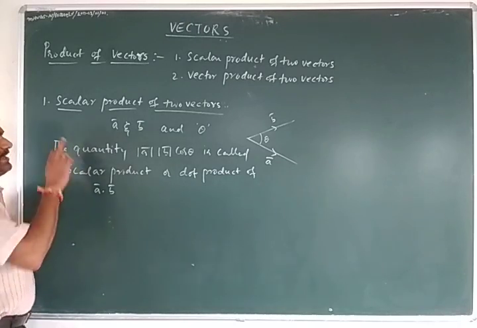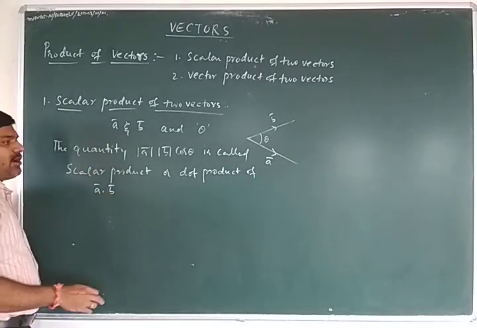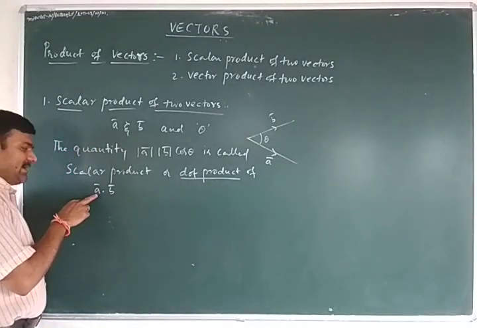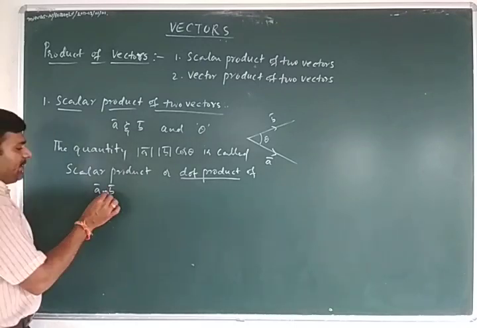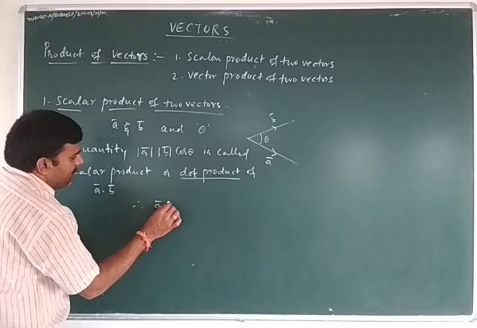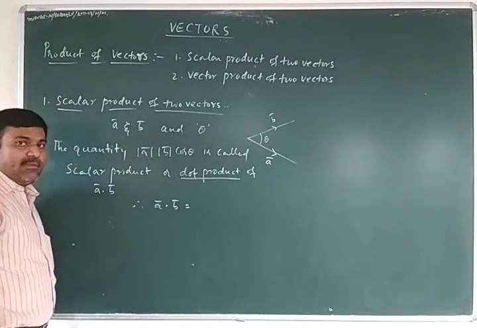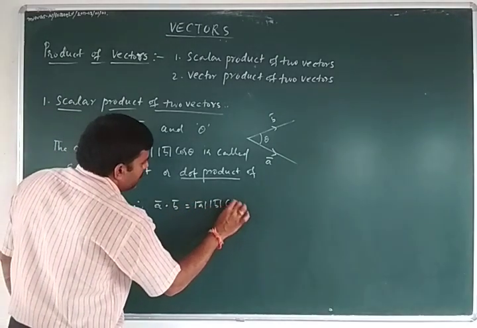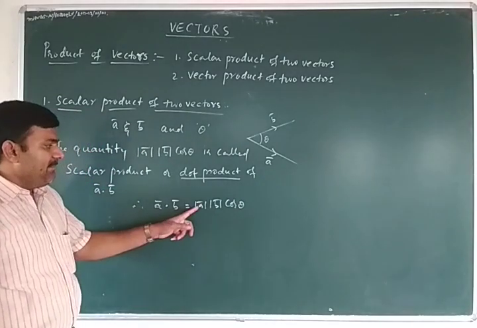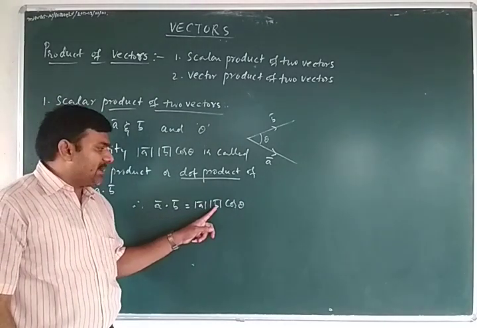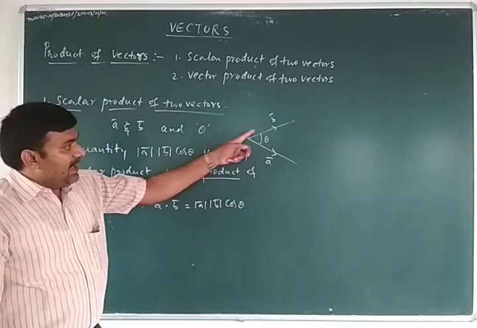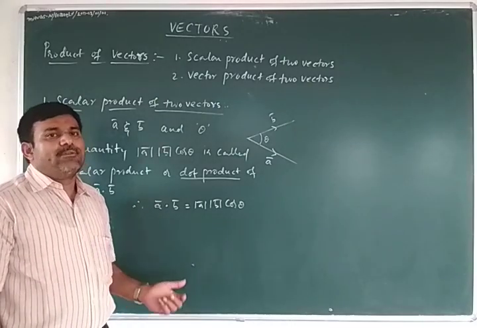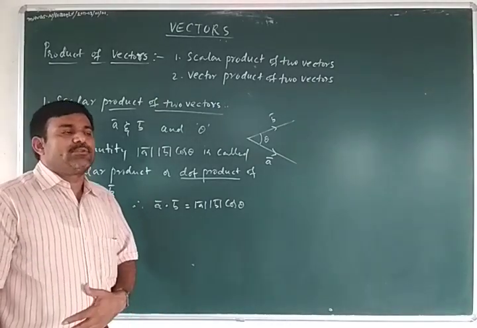That's why the scalar product of two vectors is also called the dot product of two vectors. It is denoted by A bar dot B bar. Therefore A bar dot B bar is equal to mod A bar into mod B bar into cos theta, where mod A bar and mod B bar are the magnitudes of the vectors and theta is the angle between them.